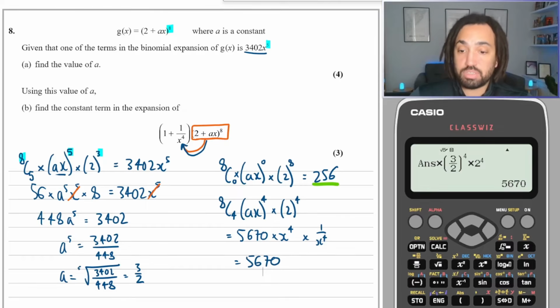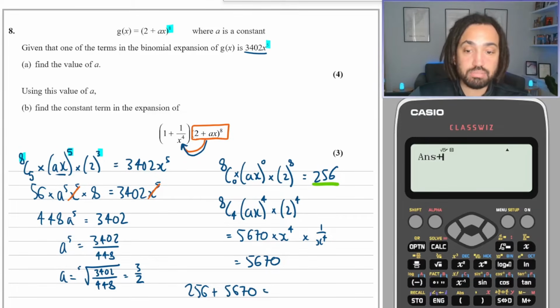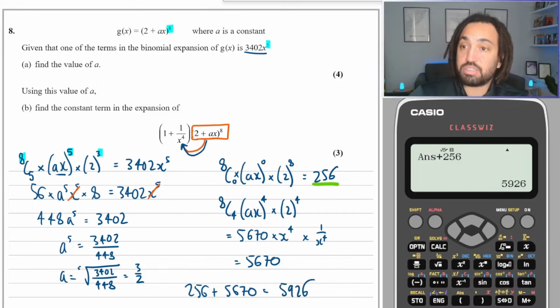So my overall constant term will be 256 and also 5670 added together to get a total of 5926. Okay, job done.